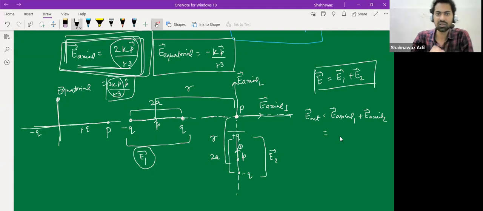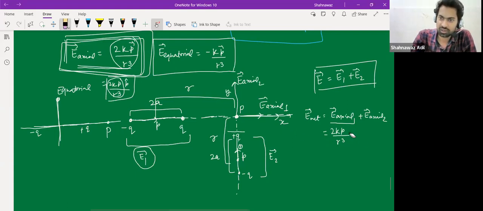What is the direction of p hat here in this case? X-axis, so it is i hat.